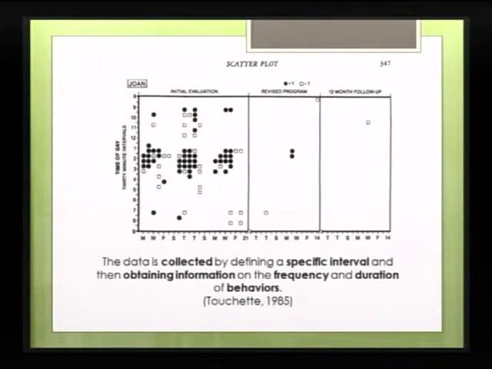For instance, in this graph, you can see that the unwanted behavior occurs more between 1 o'clock and 3 o'clock. This is a clue, because you can formulate a hypothesis about what is happening in that time interval.